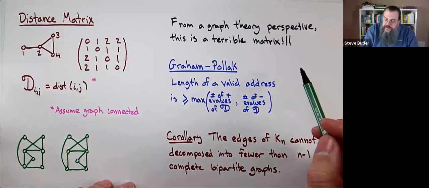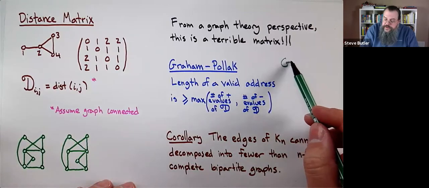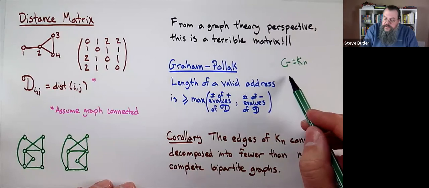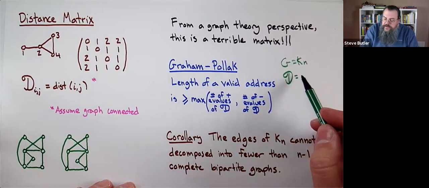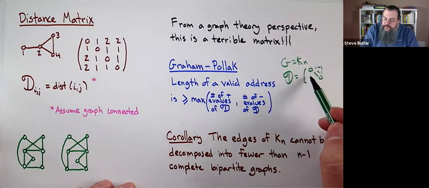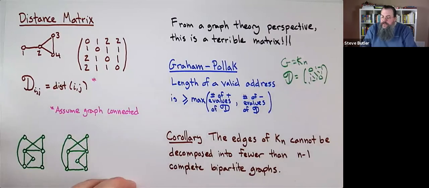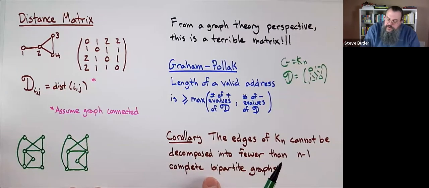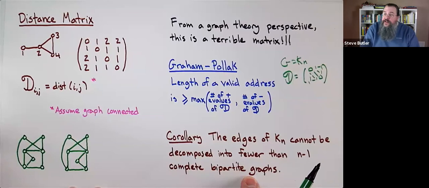The answer is if you think about your graph, if your original graph is Kn, then this has a really nice distance matrix, namely zeros on the diagonal and ones off the diagonal. And now what you start thinking about is like, okay, great. Well, when you talk about your labeling problem, your addressing problem, that's really one of these complete bipartite graphs is one slot in your address. And now that's where our decomposition comes from.